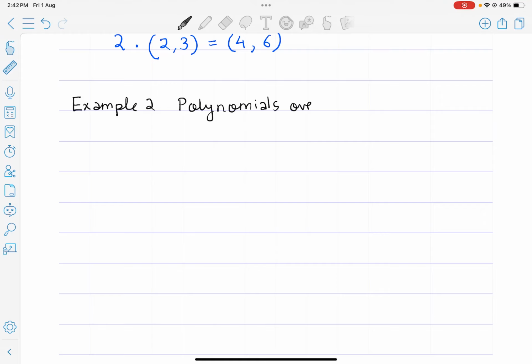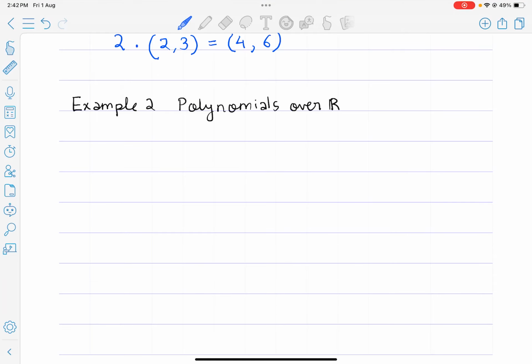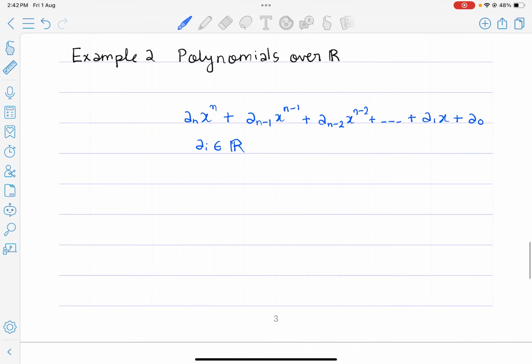Let's be precise and say polynomials over R. This is something like a_n x^n plus a_{n-1} x^{n-1} plus a_{n-2} x^{n-2}, something like this, where each a_i is from R and x is a variable.